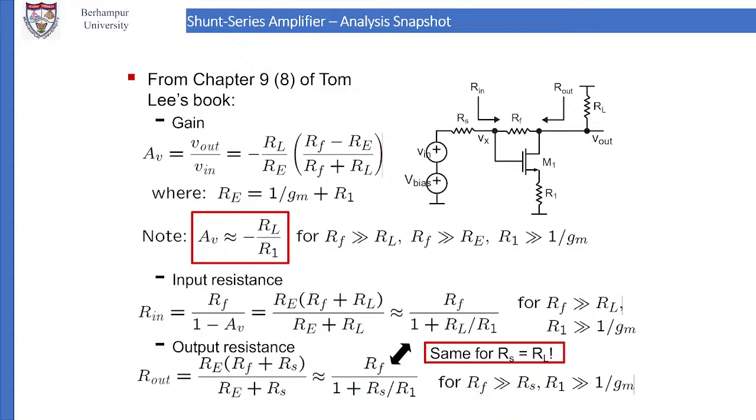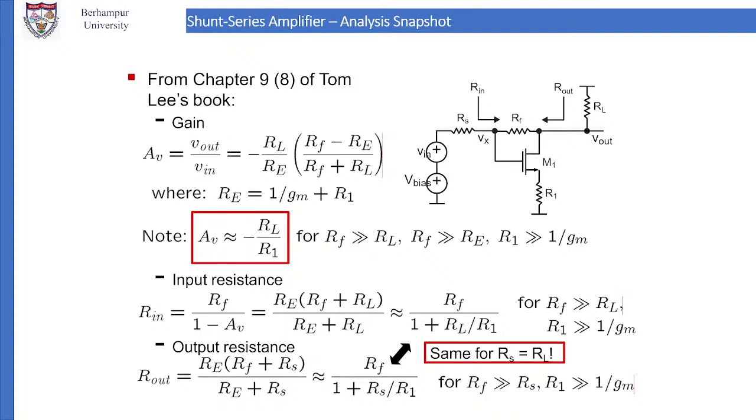RF we know because of Miller effect, and RE is equal to 1 by GM plus R1. Now AV is approximately equal to minus RL by R1 when RF is much greater than RL. When RF is much greater than RL, then in the denominator you will have RF.